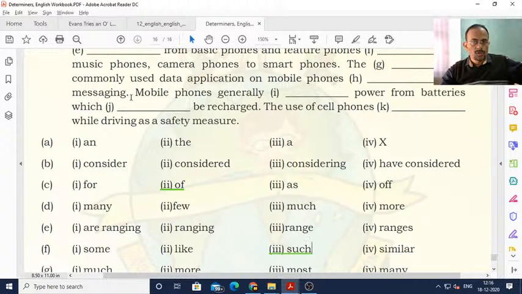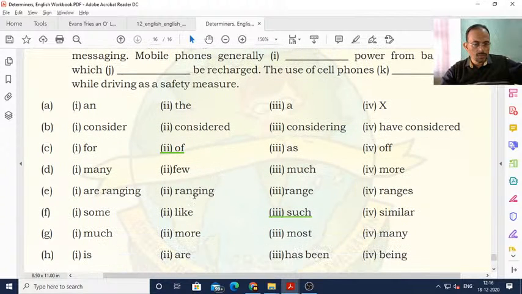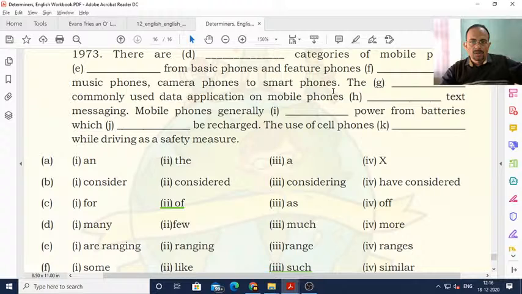So application is the subject here, which is noun, therefore the verb should also be singular. So let's find out, number H: is. The most commonly used data application on mobile phones is text messaging.